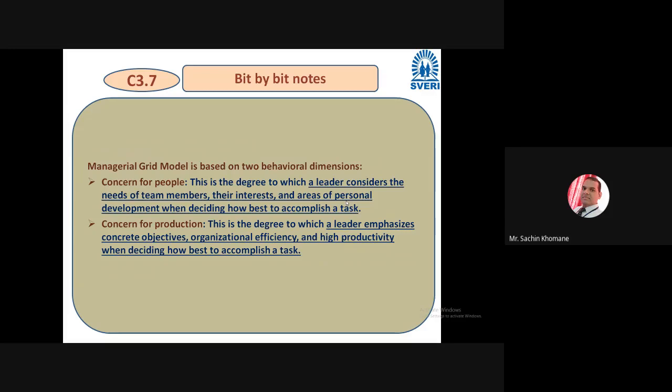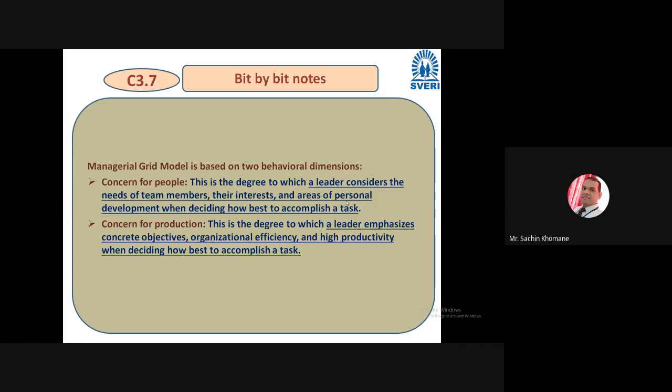So what is the concern for people here? Few examples are there in this sentence. What first concern is there? Need of the team member. Which kind of need that team member is having. For example, that person needs rest, that person needs motivation, that person needs tools, coolant, right?